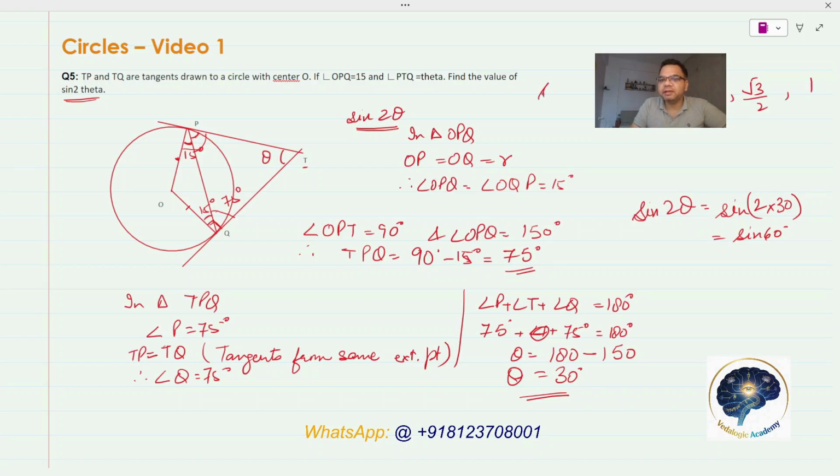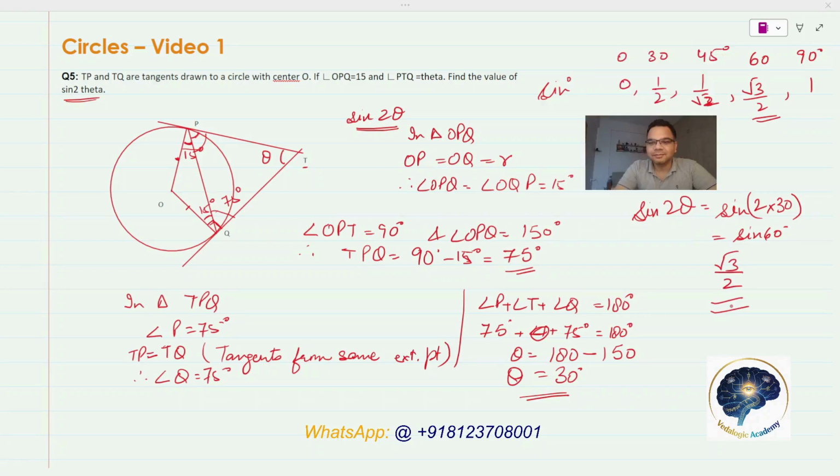So this is the sine table for 0, 30, 45, 60, and 90. So sine 60 is nothing but root 3 by 2. So our answer is root 3 by 2. Hope you understand. So I hope you understand this part as well. Sine 60 is root 3 by 2, and that is our answer.